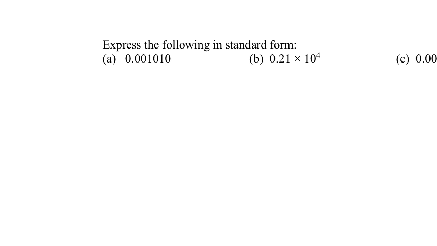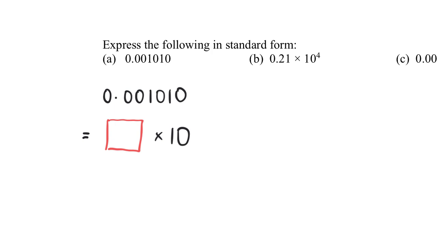For A, 0.001010 is equal to some number multiplied by 10 to the power of some number. Let's see what number it could be.